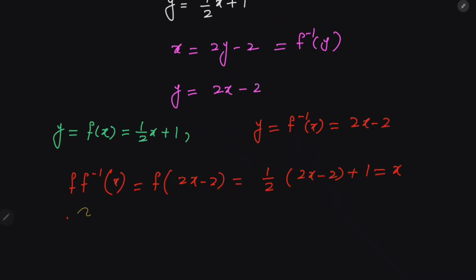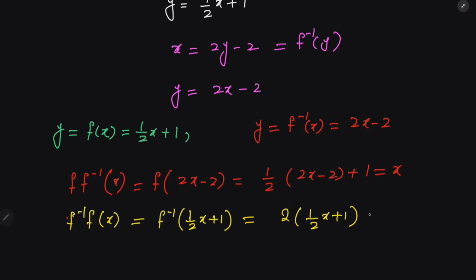And again, if we take f inverse f, the composition of f inverse and f, f of x is 1 by 2 x plus 1, and when we put that into the function f inverse, we get 2 times 1 by 2 x plus 1, minus 2, since we are putting that value into the inverse function.